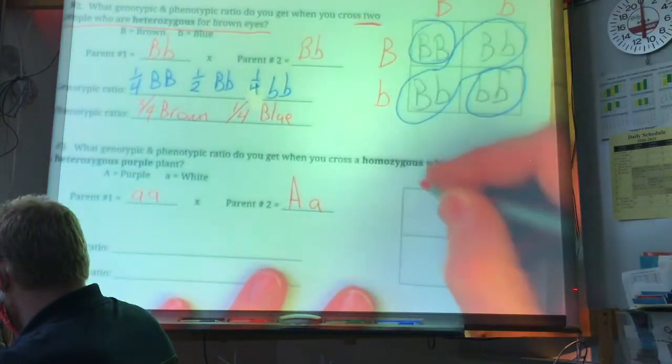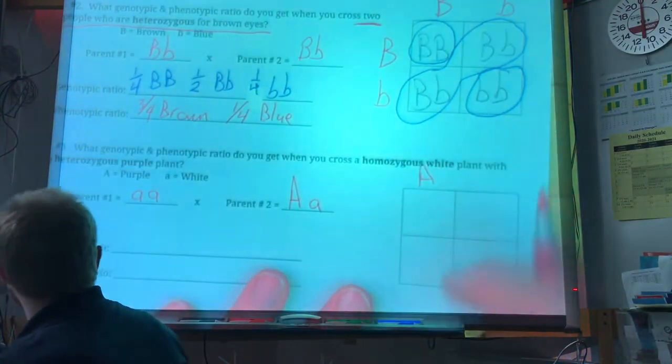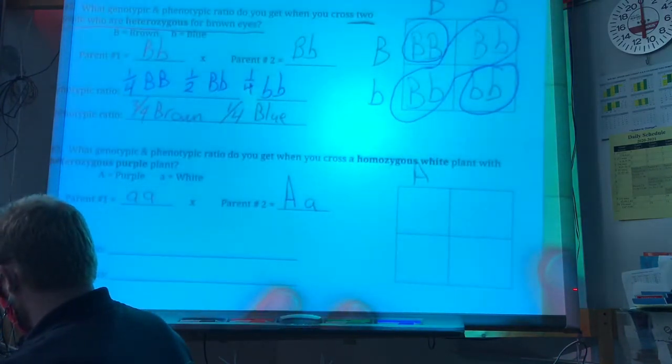Just for the record, I'm going to put my big A on top, but you can put it wherever you want, it'll just get rotated a little bit. So you try to fill out your Punnett square.